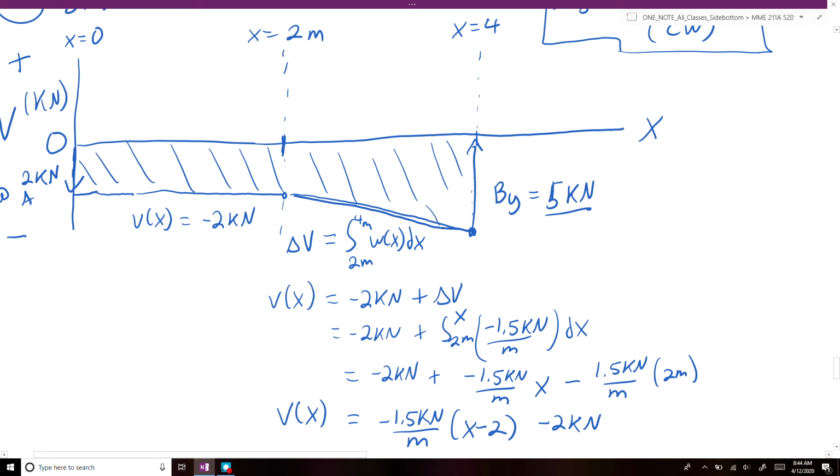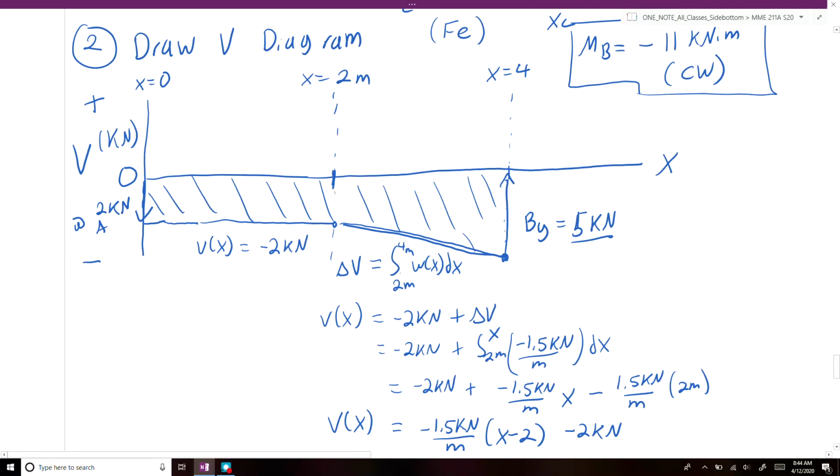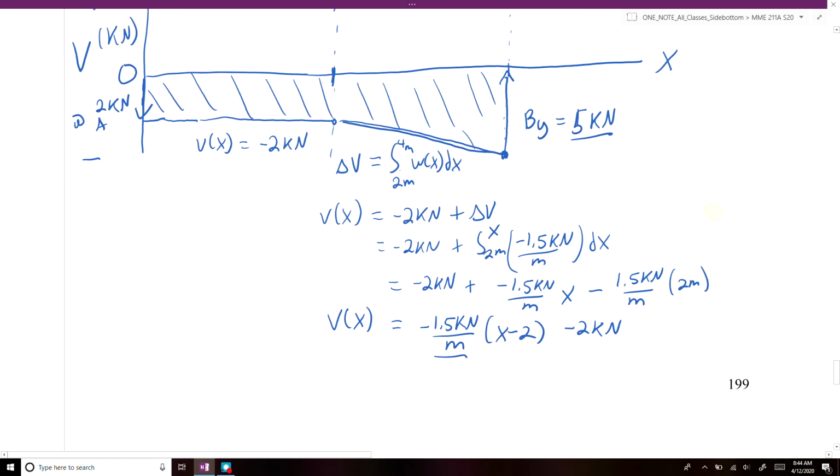So using our shear diagram now, we can then draw our moment diagram. So our next step will be to draw our moment diagram.